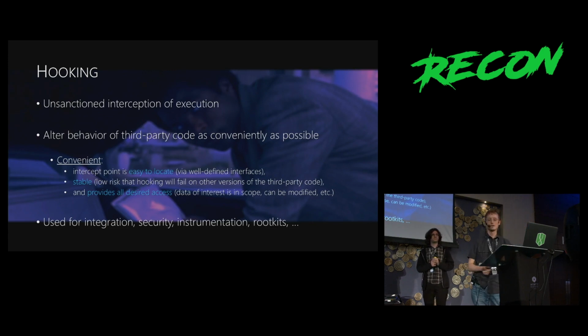Because of that, and also just programmer laziness, convenience ends up being a major component of hooking. The hookers want something that is easy to locate, as well-defined an interface as possible, as many guarantees as you can have without it being sanctioned by the operating system. Stable, they don't want to have to rewrite it for every single version.